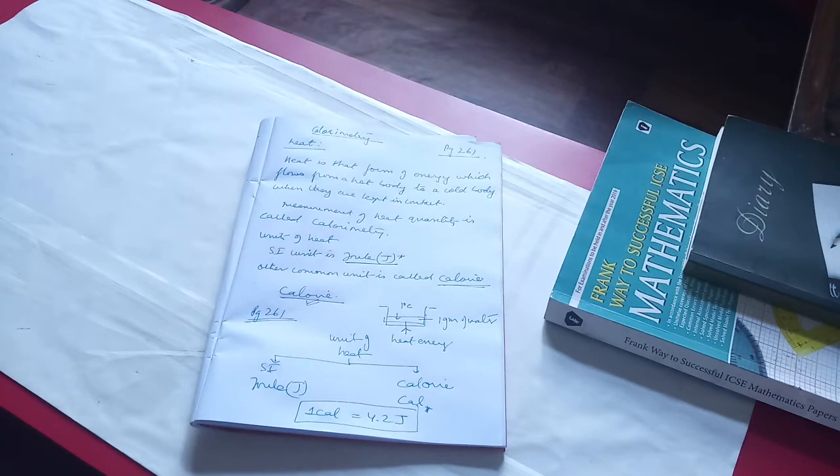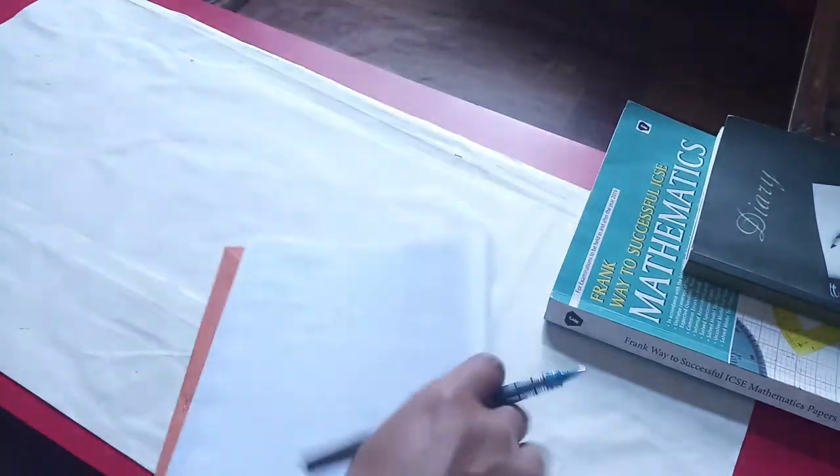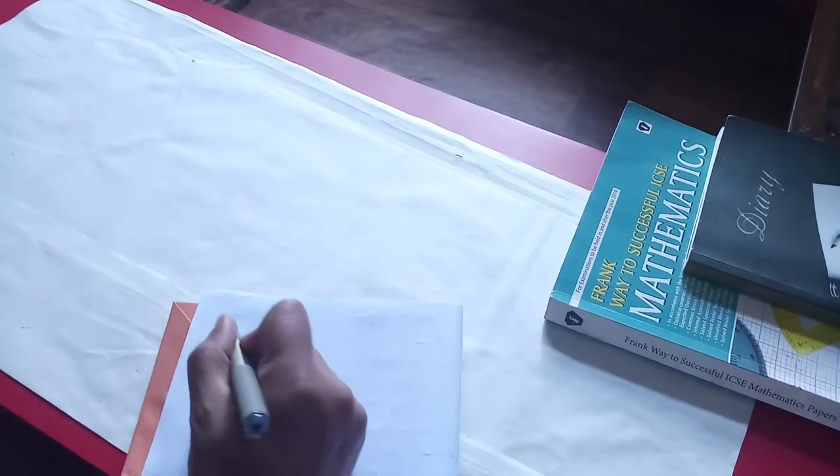And there are three units of temperature: degree Celsius, degree Fahrenheit, and Kelvin. These are simple concepts, so we are not going to do them in detail, because we will mostly focus on the important topic in this chapter, that is heat capacity. This is very important.